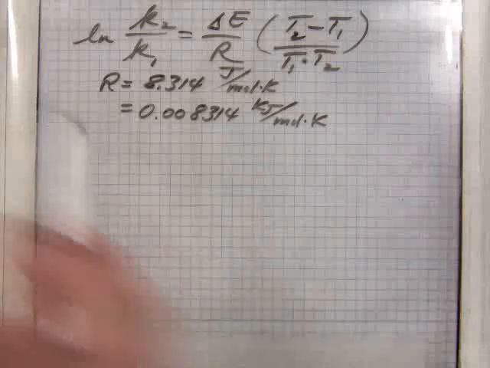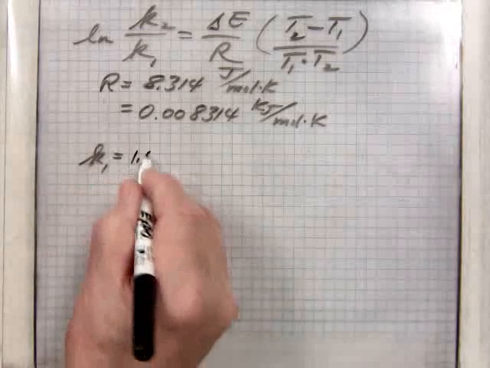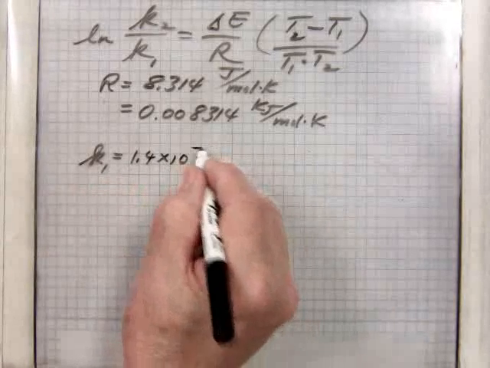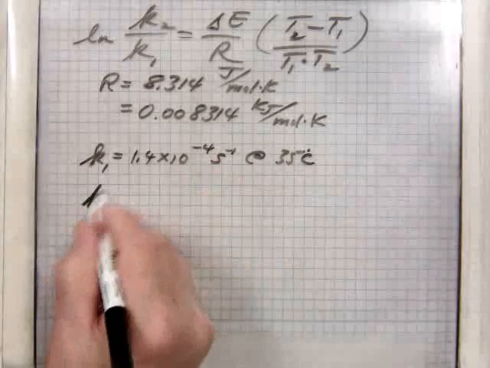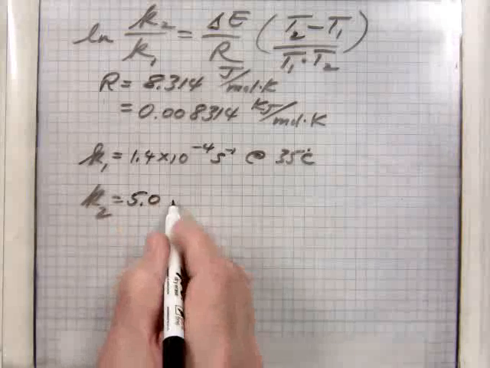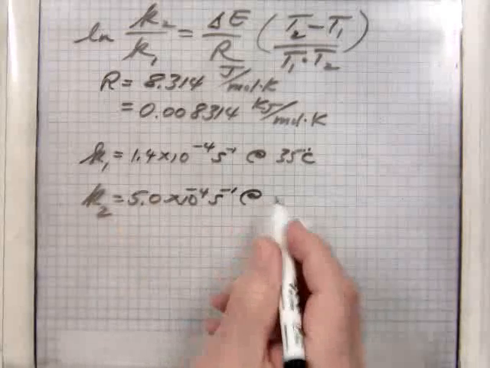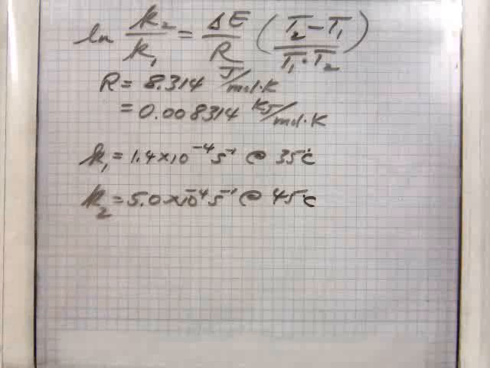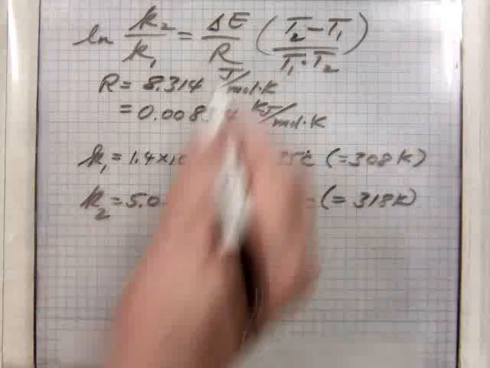So let me jot down K1 is equal to 1.4 times 10 to the minus 4 seconds to the minus 1 at 35 degrees C, and K2 is 5.0 times 10 to the minus 4 seconds to the minus 1 at 45 degrees C. And we'll put in those temperature values in terms of Kelvin, and then solve for the delta E value.